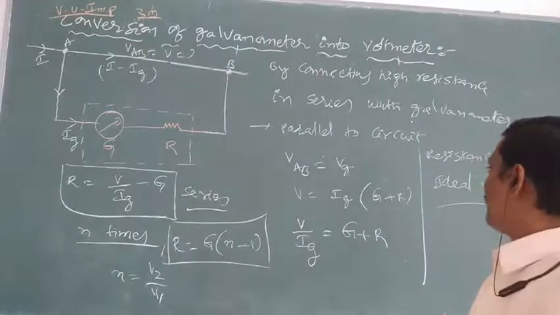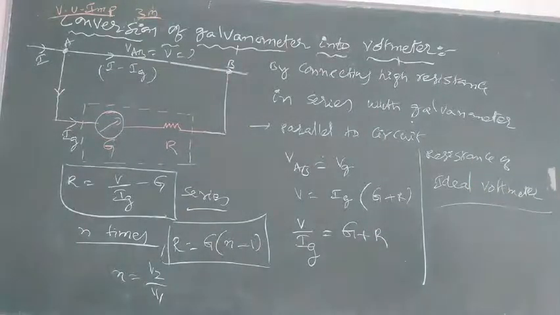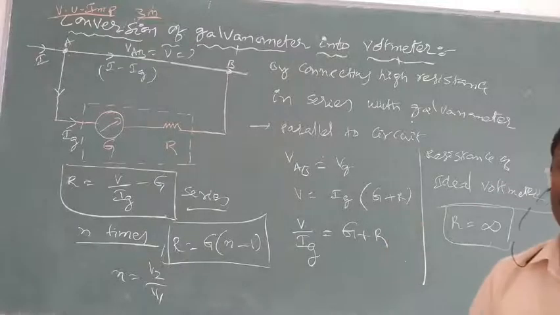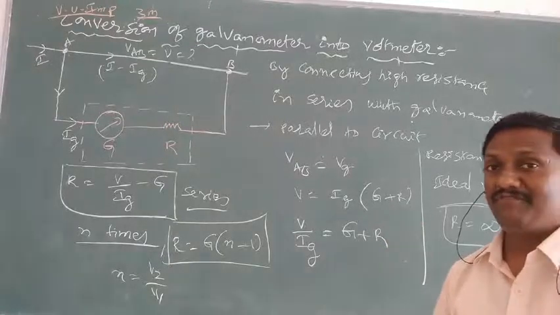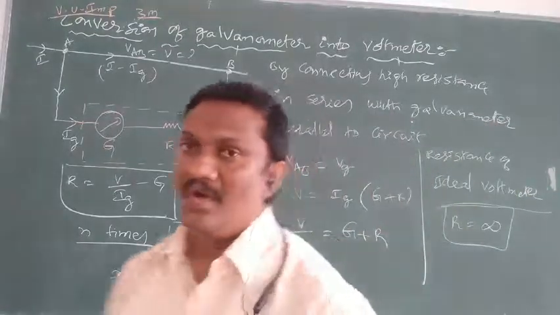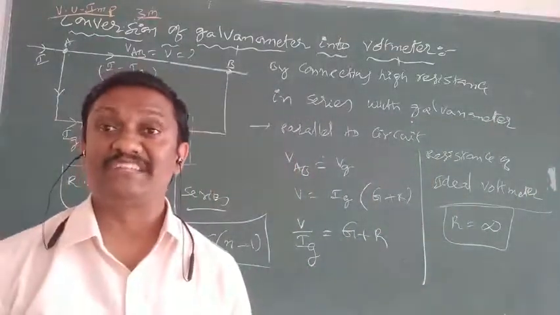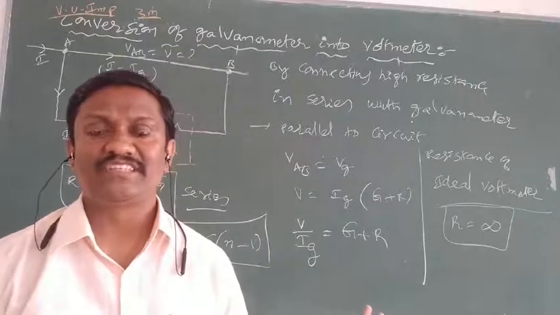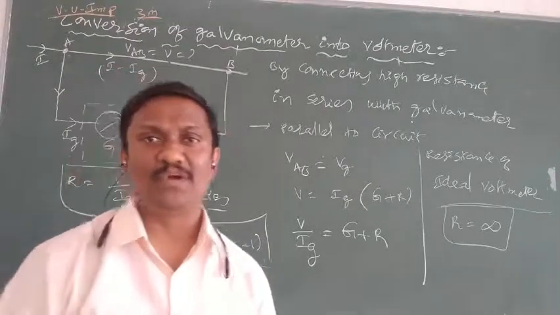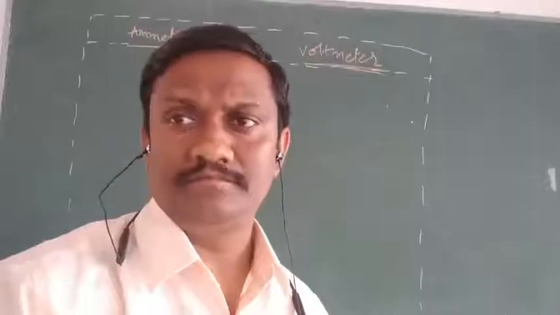So the resistance of an ideal voltmeter is always infinity. The limit of high resistance is infinity. The limit of low resistance is 0. The resistance of an ideal ammeter is 0 and the resistance of an ideal voltmeter is infinity. So that is about the conversion of a galvanometer into a voltmeter.